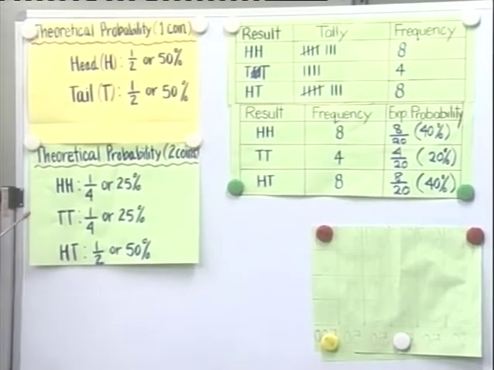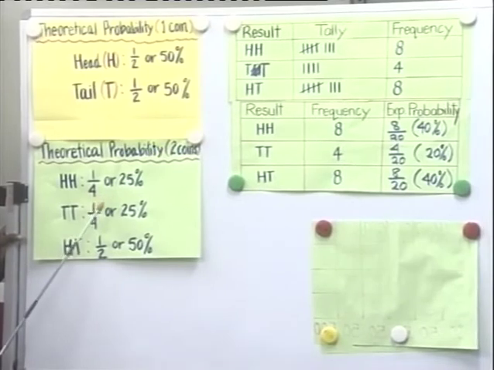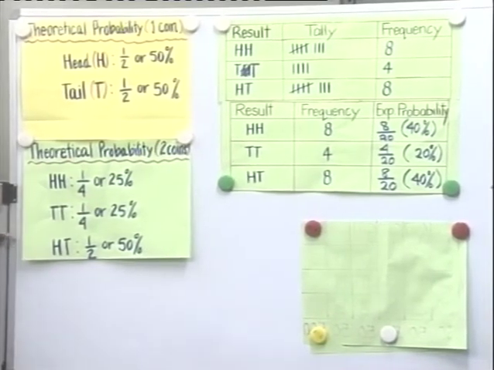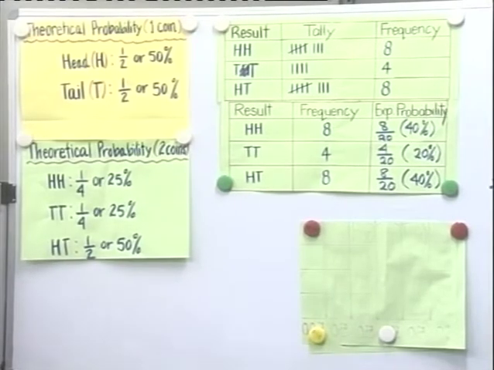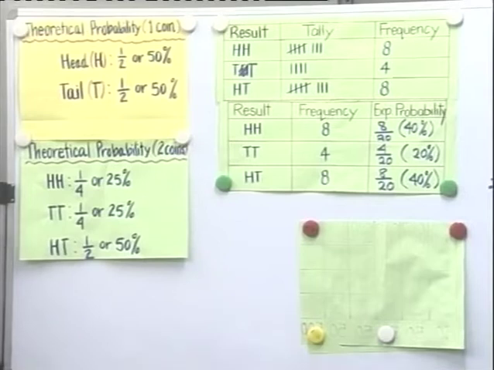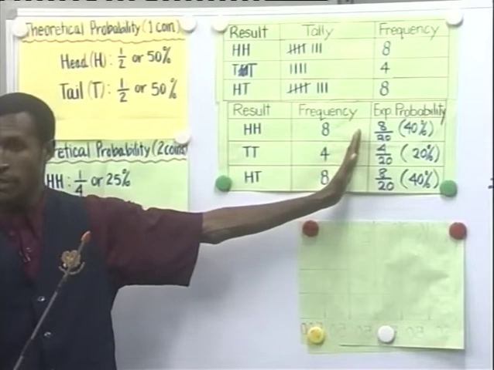You will notice that there are some difference with the results. Now, have that in mind. Why the results are different? This is the result of tossing coin for 20 times.